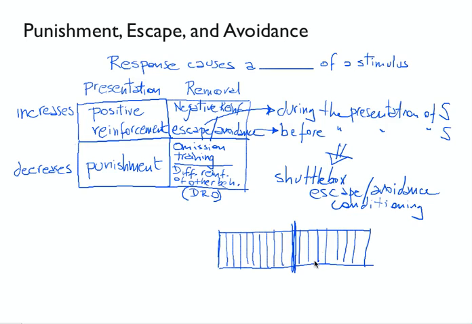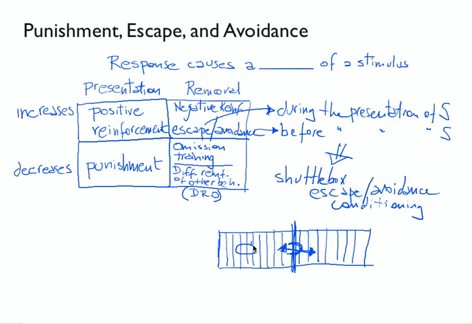The way that you can train escape behavior is simply by electrifying one side and not the other, the side in which the animal is present. Oh, by the way, this division has a little door here. I failed to mention that. The animal can traverse this chamber, can go from one side to the other through this door.